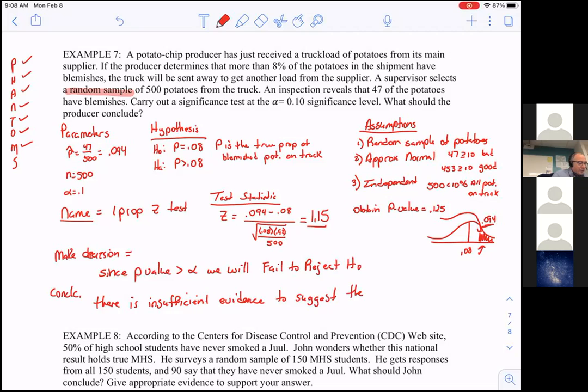It's going to be my alternate hypothesis. To suggest the proportion of blemished potatoes is greater than 0.08.